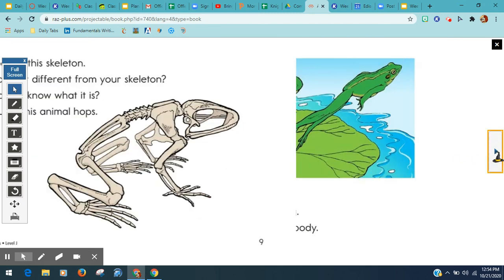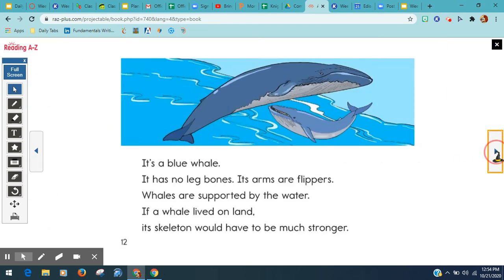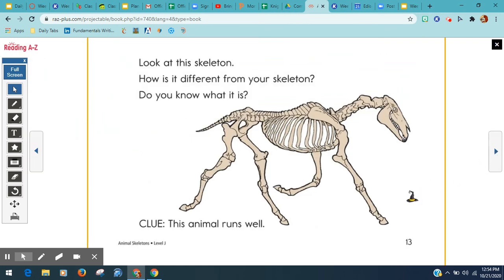Okay, so what we're going to do is compare that to a horse skeleton. So let's go to the horse. All right, here's our horse skeleton. I see 4 legs, just like on the frog, but where the frog had finger bones, the horse doesn't. The horse bones have hooves at the bottom. So a horse doesn't have those finger bones.